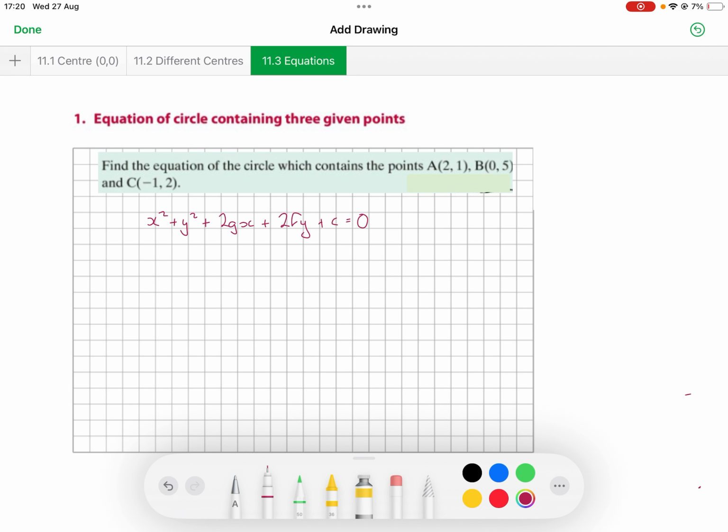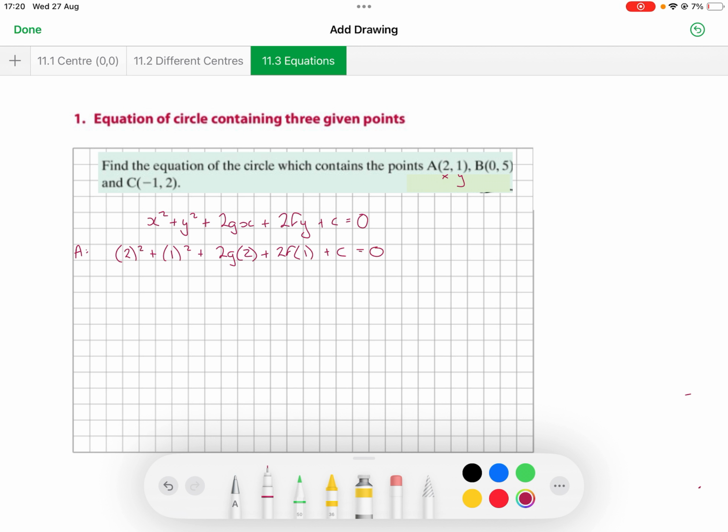Now, I know that these 3 points are on the circle. So I know if I sub in 2 and 1 for x and y, that this equation should work out. If I'm subbing in A, instead of x I write 2, instead of y I write 1, and plus c equals 0.